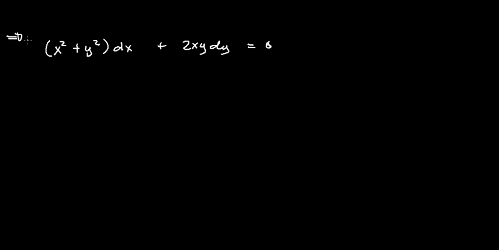Last time we were introduced to one of the methods to solve for the solution of a differential equation. But as you can see here, we cannot use the separation of variables, or this equation is simply not separable.